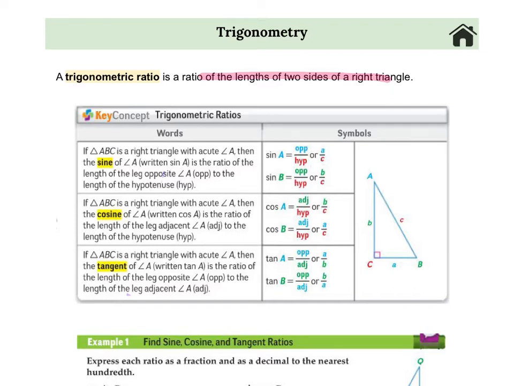So the first ratio we're going to talk about is sine. Sine is the ratio of the leg that's opposite of the angle and the length of the hypotenuse in relation to the triangle.